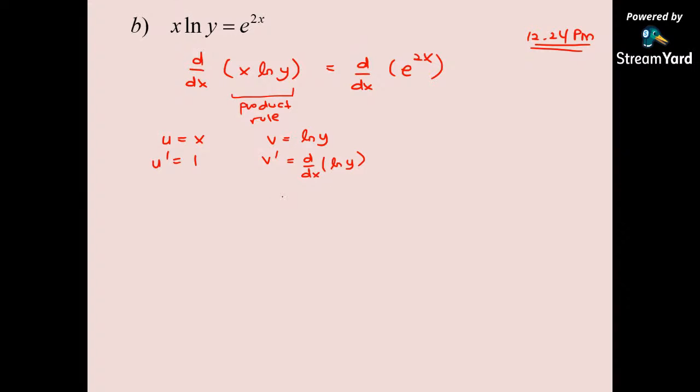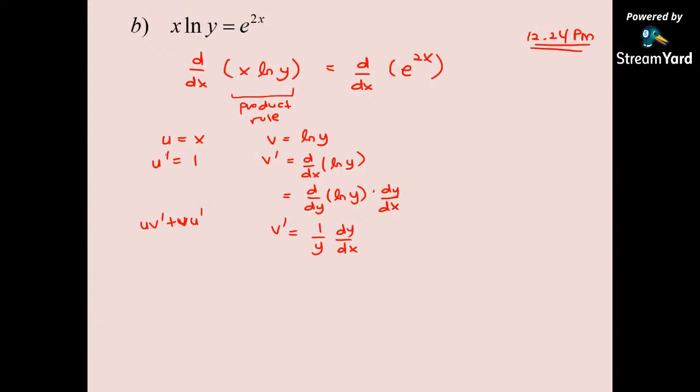This is a different variable, therefore we should have d over dy of ln y and then times them with dy over dx. Differentiating ln y, that one will become 1 over y dy over dx. And then of course we're going to use the product rule, which is u v prime plus v u prime.